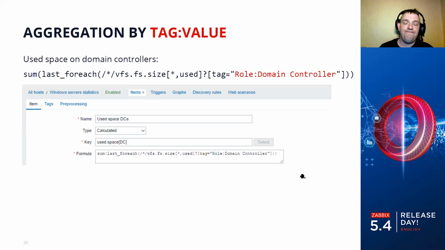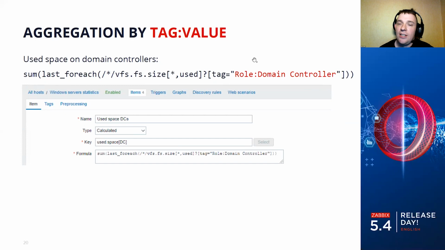Okay, and I think the last example: not only by the host group can we do the aggregation, but also by utilizing item tags, the tag name and tag value. Here, in the example, it does not need to be a tag at the item level.